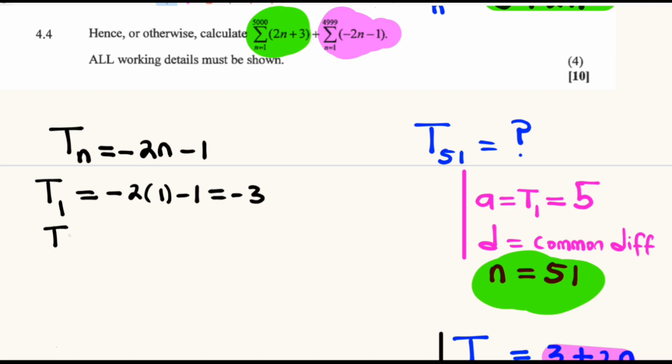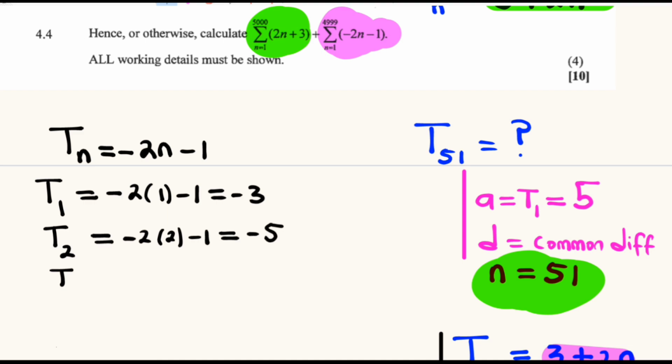And for term number 2, where there is n, we substitute 2. So negative 2 multiplied by 2 will be equal to negative 4, minus 1 will be equal to negative 5.